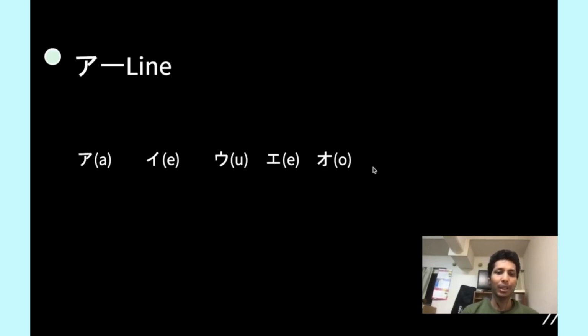One thing you also notice is that the pronunciation is exactly what we had in the hiragana writing system. Only the letters themselves change. Otherwise the pronunciation is similar to hiragana. So similar to the a line in hiragana, we can say a, i, u, e, o.